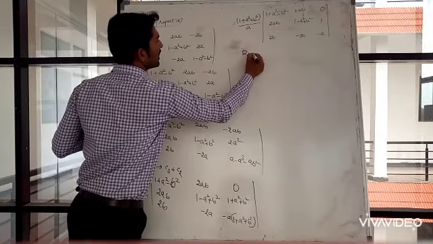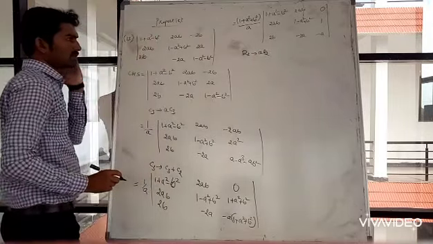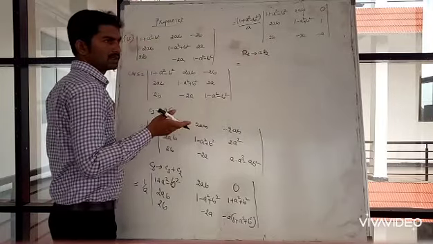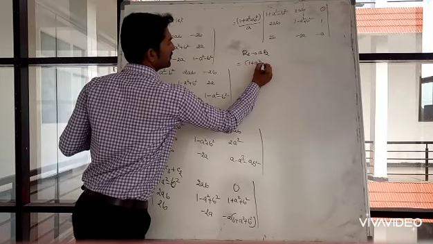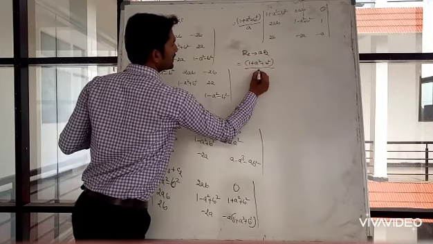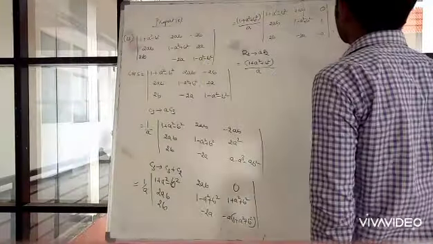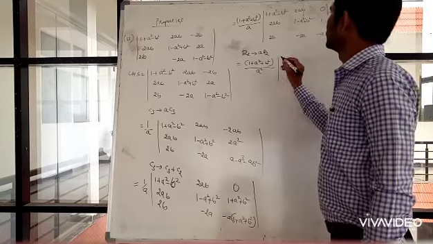R2 implies a into R2. Now, since you are multiplying, you have to divide as 1 plus a square plus b square divided by a, because you are multiplying and dividing by a. Only the second row is multiplied by a square.